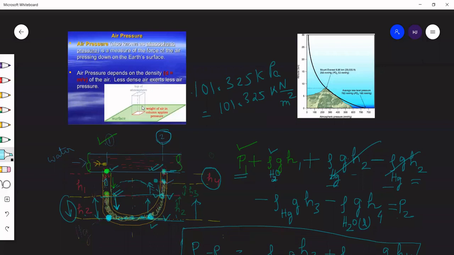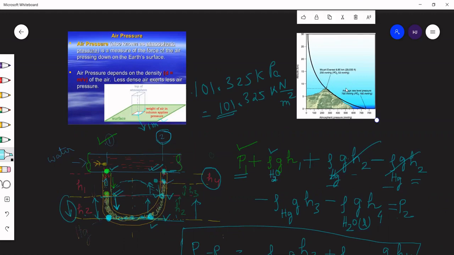So in this force, this is 1 meter, this is 1 meter. What is the area? And this is the height, the column. This much column of air is exerting a force on this surface, that is equal to atmospheric pressure. That is the meaning, which you know.